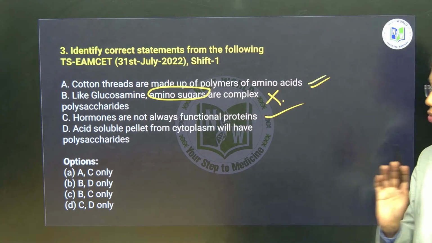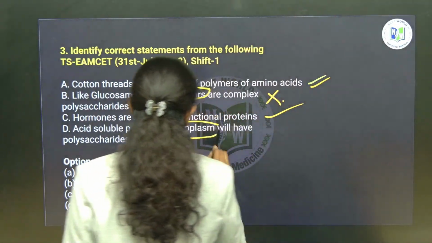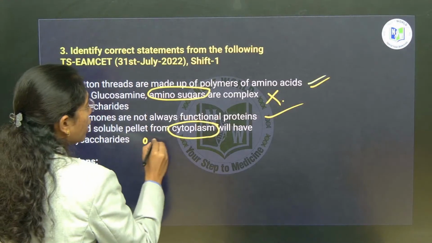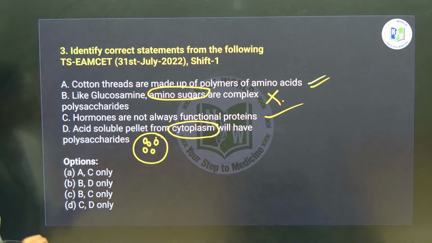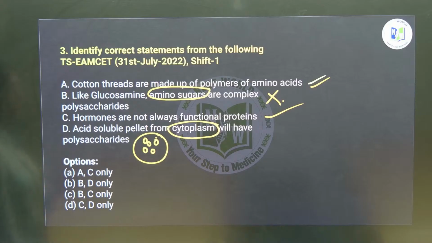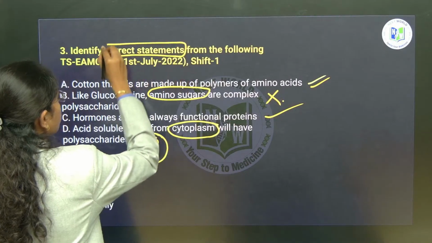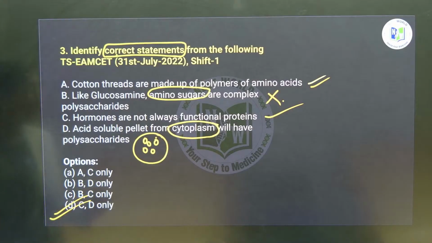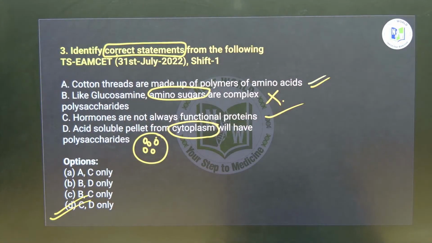Acid soluble pellet from cytoplasm will have polysaccharides. Yes, there are some small molecules, cytoplasmic constituents, which can be obtained in the acid soluble pellet as well. So, here he asked us to identify the correct set of statements. The correct set here includes C and D. Fine, right? Easy? Next question.